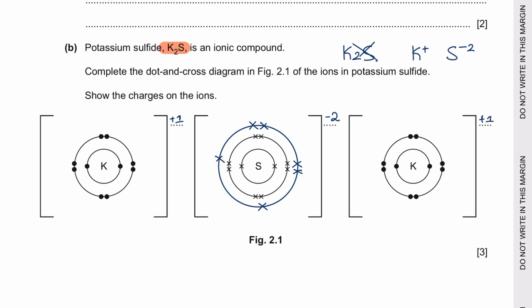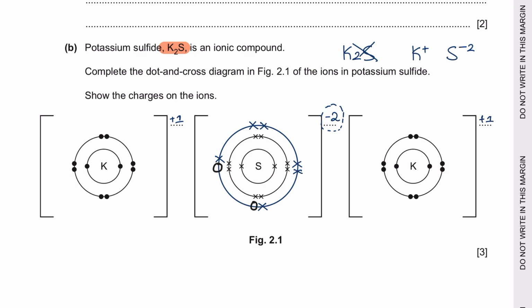So 5, and over here 6. And as there is a minus 2 charge, that means it has gained 2 electrons from potassium. So now we are going to represent with a dot the electrons that have been gained by sulfur.